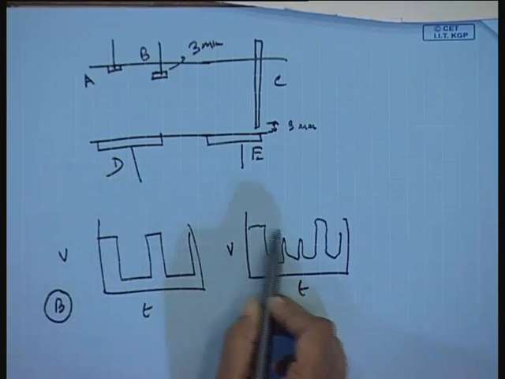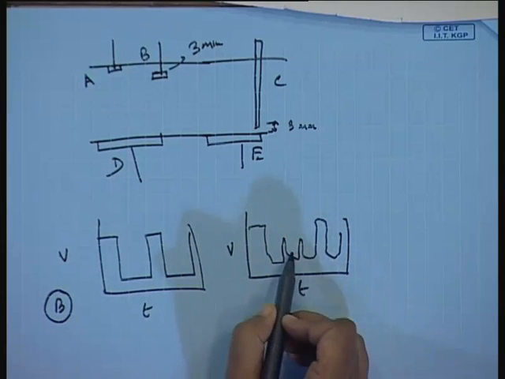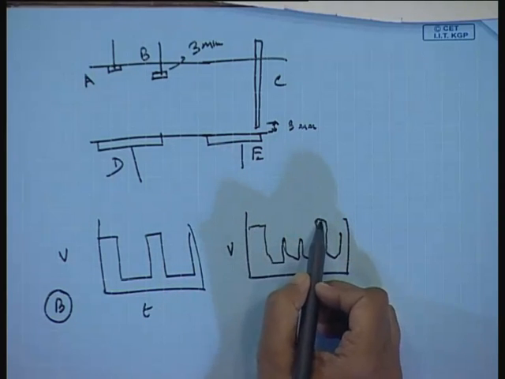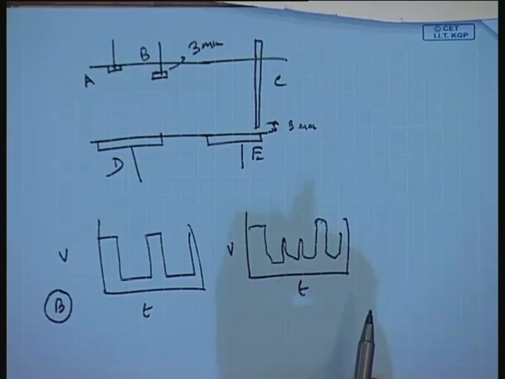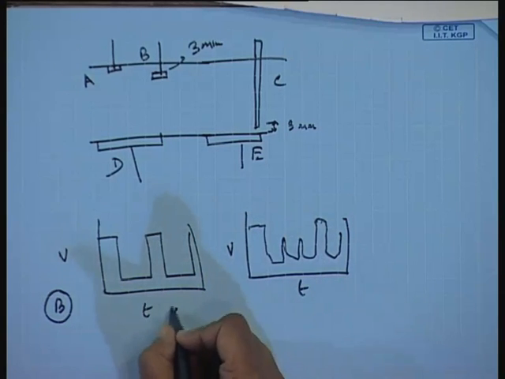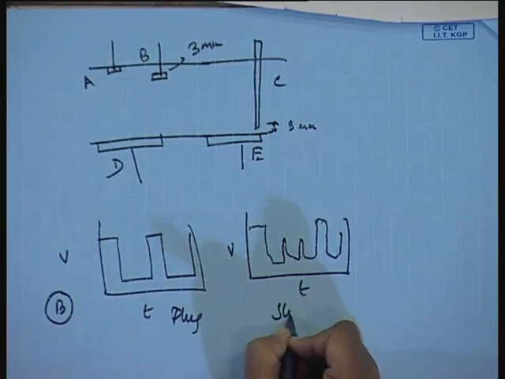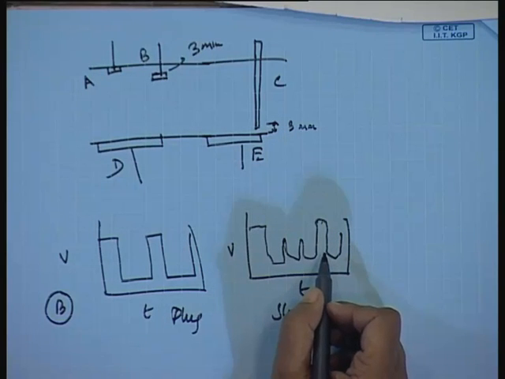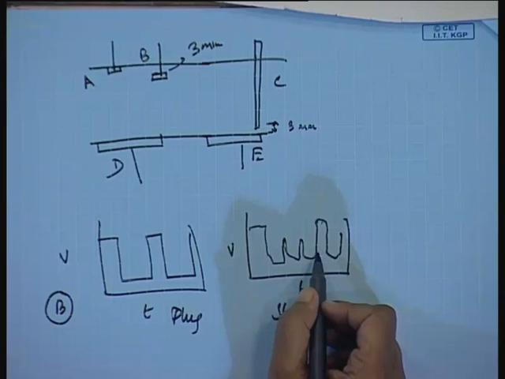Definitely there will be a periodic phenomenon here, but there will be spikes showing that there are aerations in the liquid slug, and here also there may be certain undulations. So, probe B can differentiate between plug and slug by the undulations it shows in the peaks and the valleys. Is it clear to you?